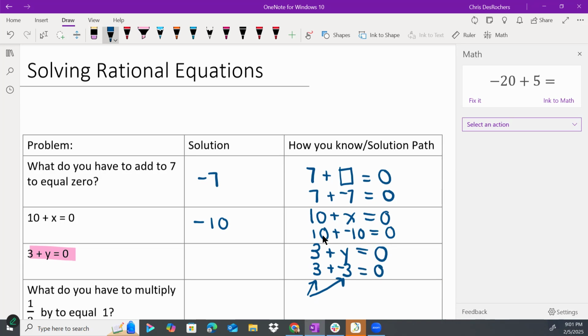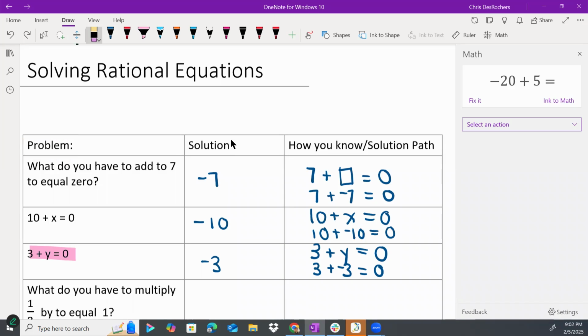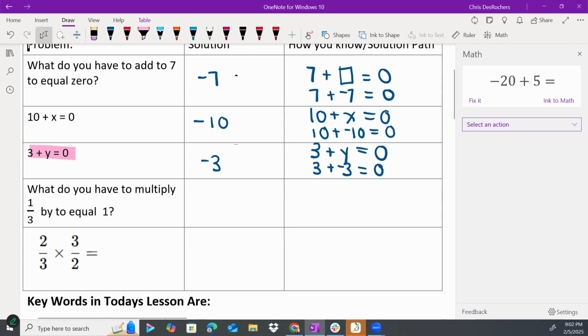So we should have 0. And so our solution is -3. We had a problem, we showed how we know the solution path, and then we wrote down our solution. And now we'll continue to this question.